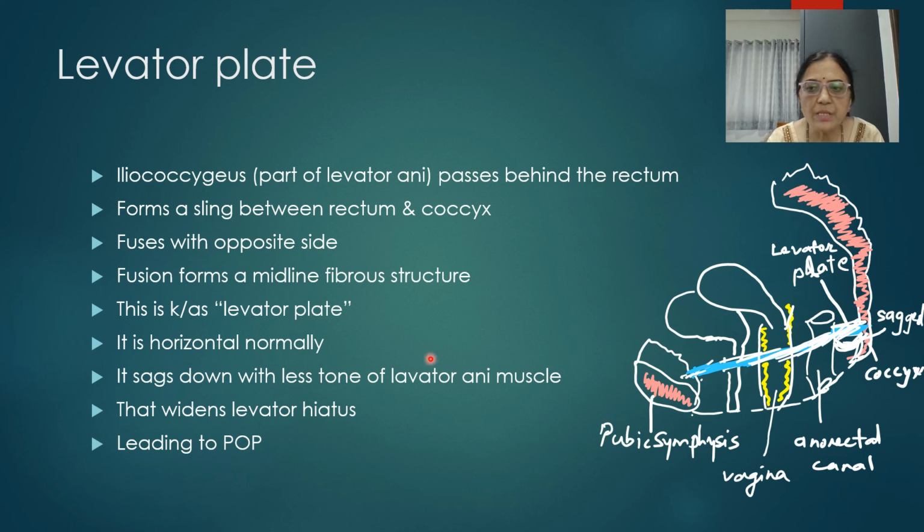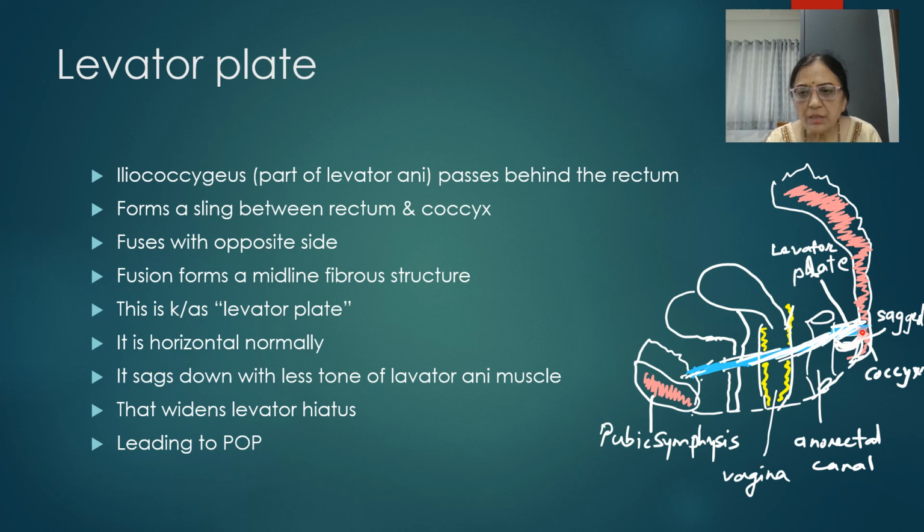Normally it is a straight line. It is a horizontal, taut structure, which maintains the correct positioning of all these pelvic viscera. It sags down whenever there is a reduced tone of levator muscles. As you can see here, a straight line is normal.